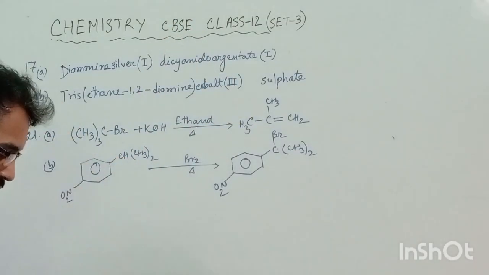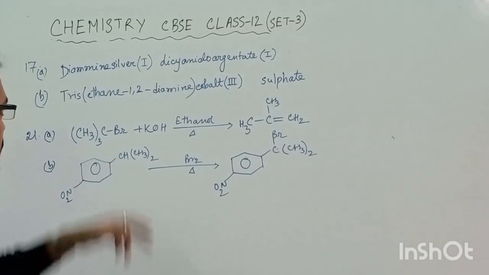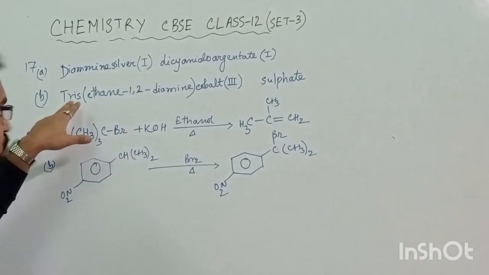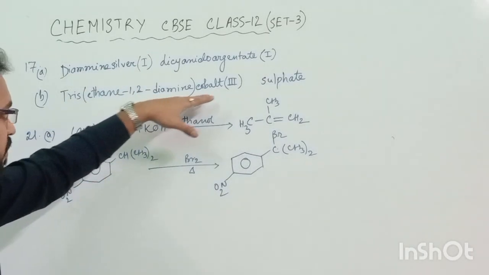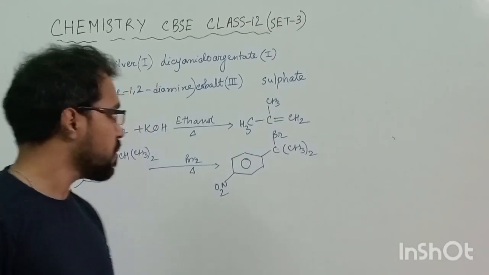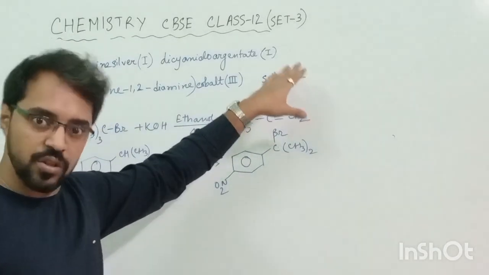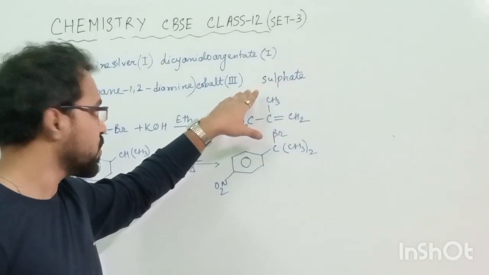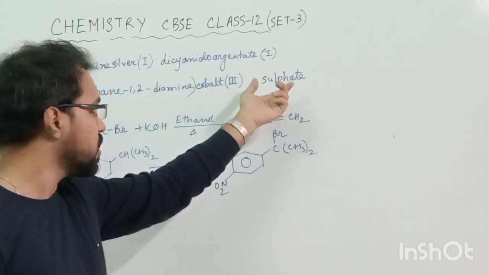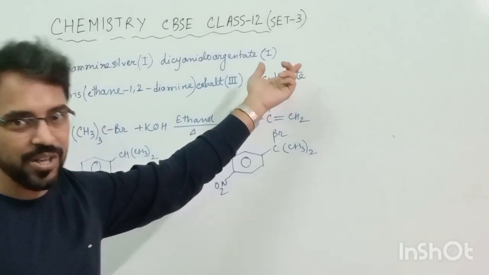And the second one, here en is given, so en is basically ethane-1,2-diamine. So it is coming thrice. So tris(ethane-1,2-diamine)cobalt(III), and although we have 3 molecules of sulfate, we will write only the sulfate, along with a space between the coordination sphere name and the thing that is outside the coordination sphere.